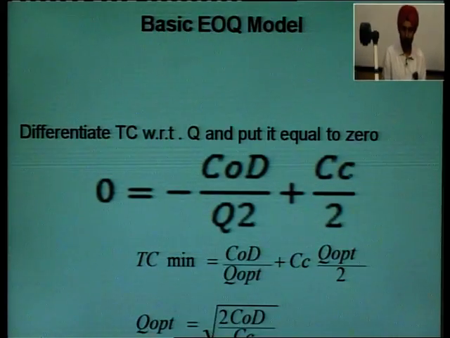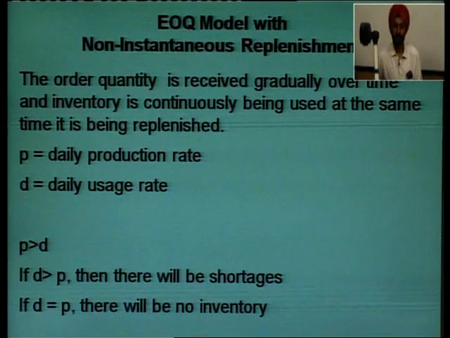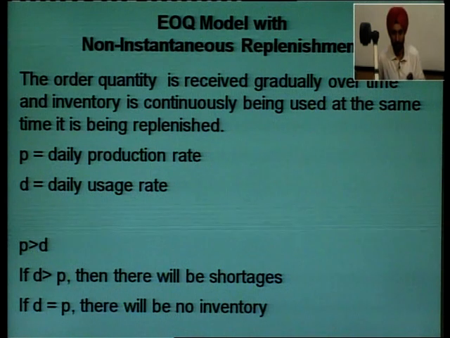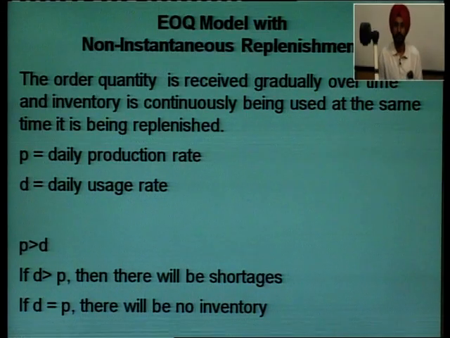Now, moving to next model. Next model is non-instantaneous replenishment. So, this was the basic model. Now, next is non-instantaneous replenishment. Now, what makes a difference between instantaneous and non-instantaneous replenishment?